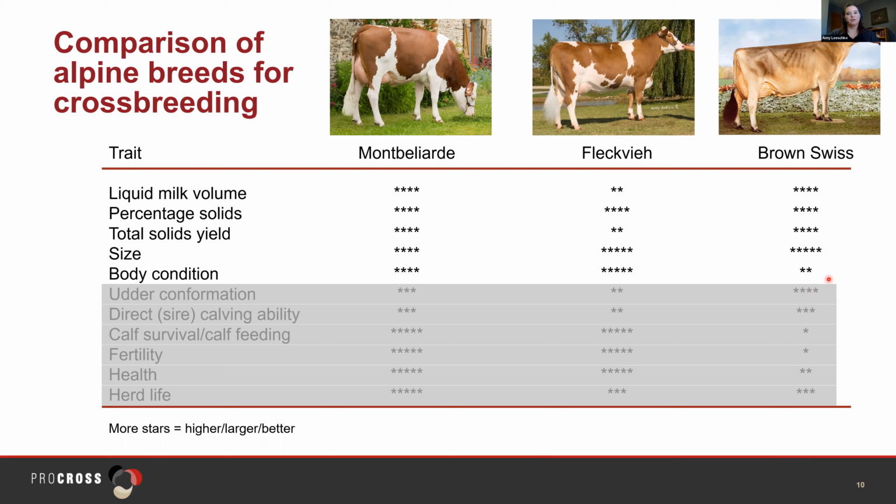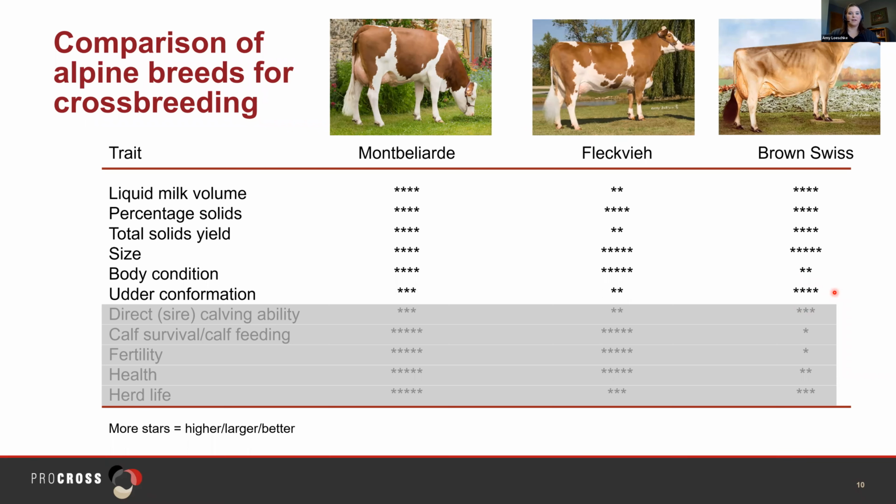I do put Brown Swiss at only 2 stars for body condition. They've in recent decades selected a lot more for angularity and more show ring types of traits. And so that's why they're lower there. Udder conformation. No doubt Brown Swiss has done really well in the udder department.